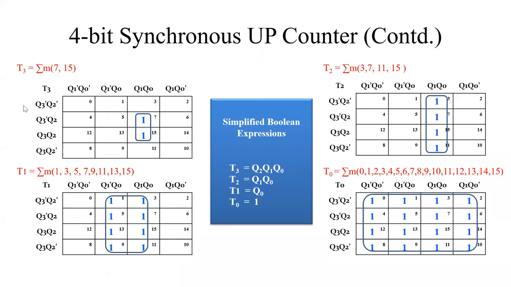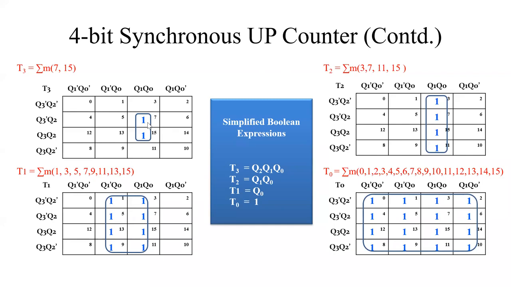The next step is applying the Karnaugh map and identifying the simplified Boolean expressions. Here T3 is equal to 7, 15. I have made a 4-variable K-map here, and from this K-map, I represented the 7 and 15 blocks and made a group. From this group, what equation do we get?